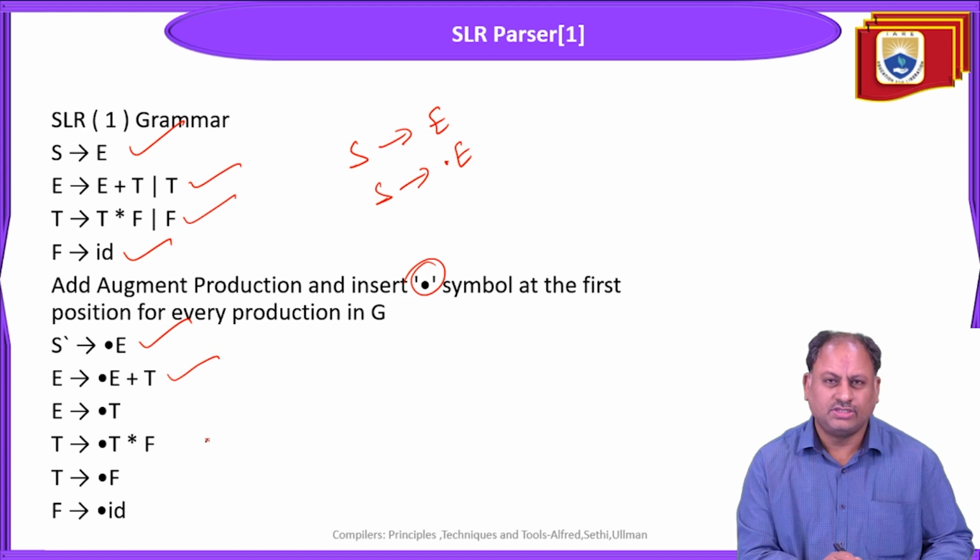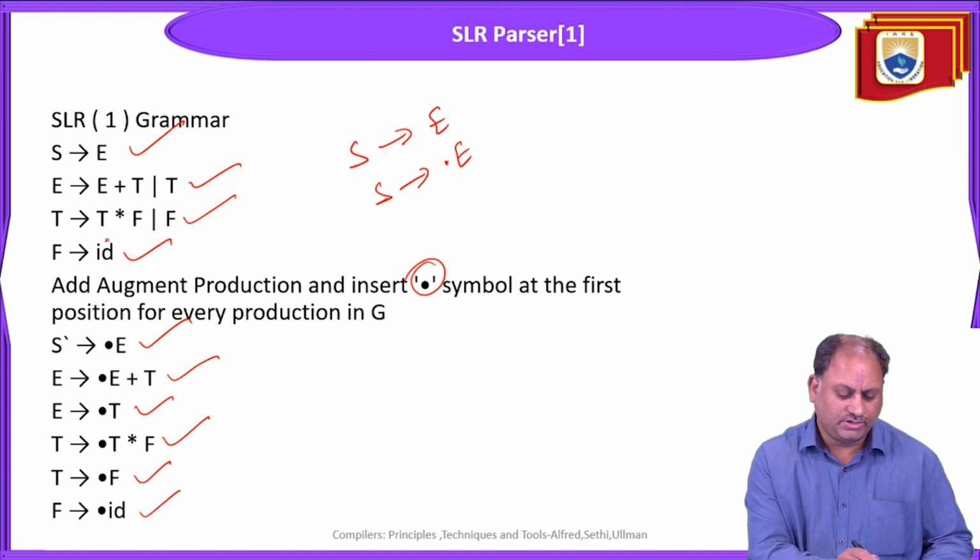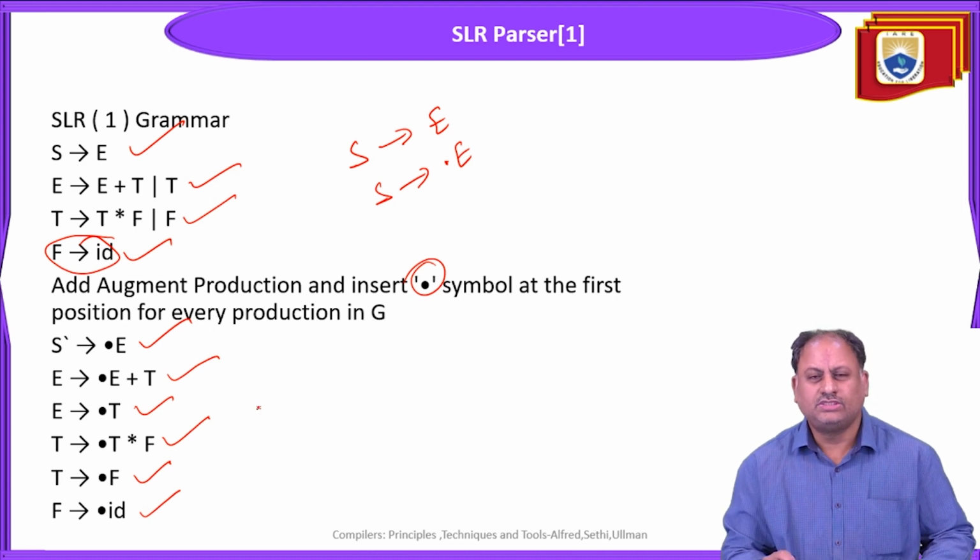Similarly, E plus T, similarly T star F, F derives N. For all the productions, we have to consider this dot. This is called the augmented production. Why do we insert the dot symbol? We know when to stop the parsing. That's why we keep this dot symbol and keep on moving it at each and every transition and corresponding action, until the dot comes to the last position.